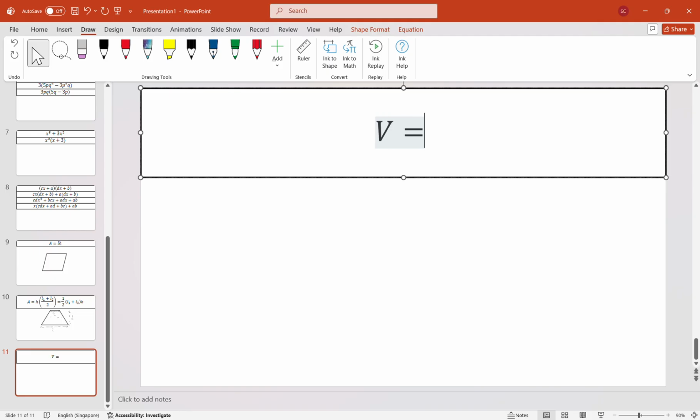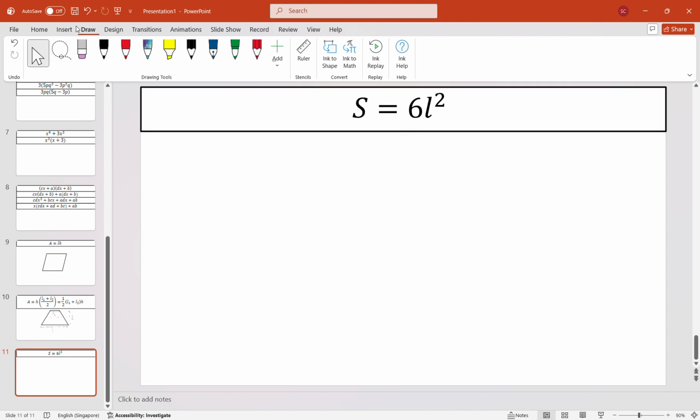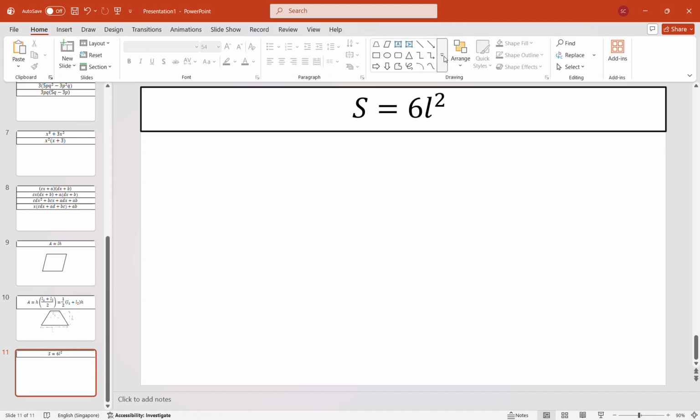The volume of a cube is the cube of the length, obviously. For a cuboid it's LBH, obviously. The surface area of a cube is 6L squared, I think.